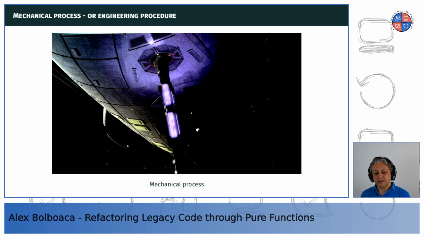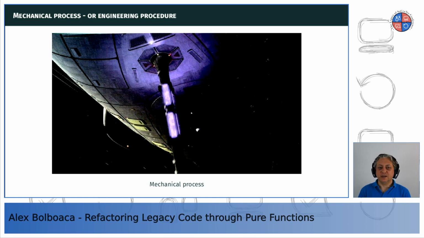And I like that this is a very mechanical process. I like mechanical processes because they allow me to learn a few mechanics and to be predictable, and to not think too much about what I'm doing, because one of the hardest things when you are dealing with a horrible mess of code is to keep track of everything that's going on there.